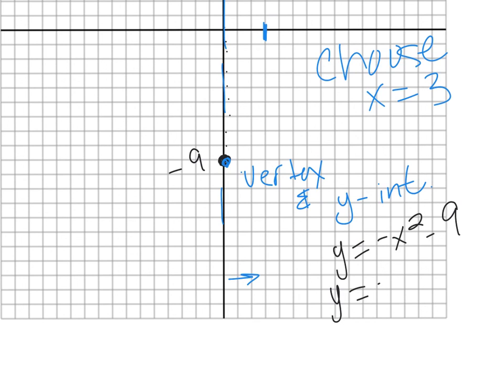So I'm choosing 3. So the opposite of 3 squared. Oh, so sorry. 3, that should be black, squared minus 9. So here's where you need to be careful, and we talked about this a couple of times this year. That negative sign is outside of a parenthesis.